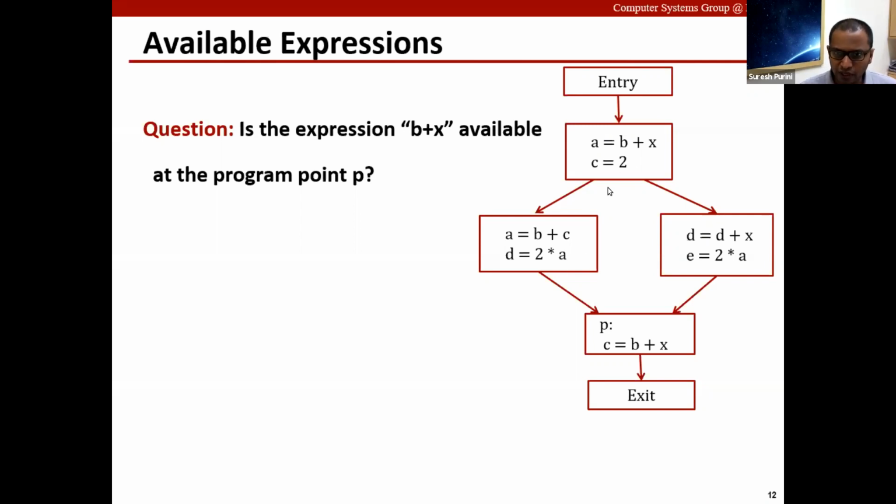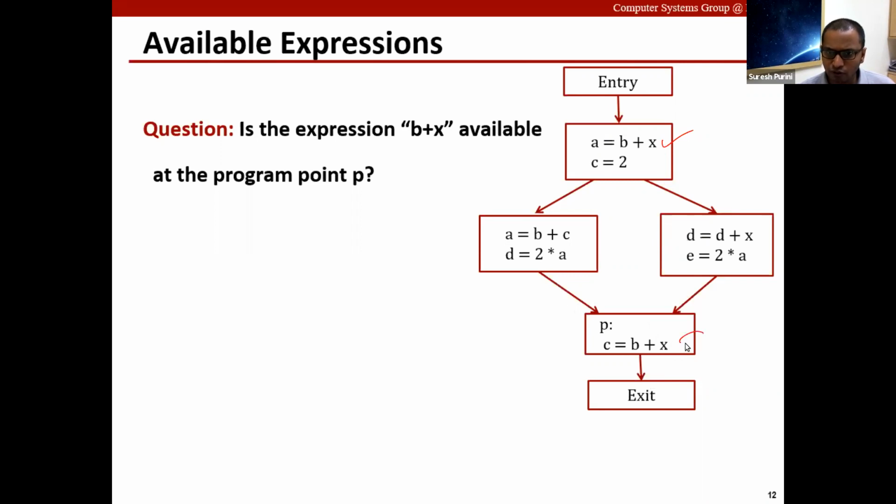If you take this particular path, you see the expression B plus 6 is computed here, and along this path the operands B and X are not modified, and along this path also the operands B and X are not modified. Because of that, we can use the value that we have computed here to eliminate the computation that is present here.